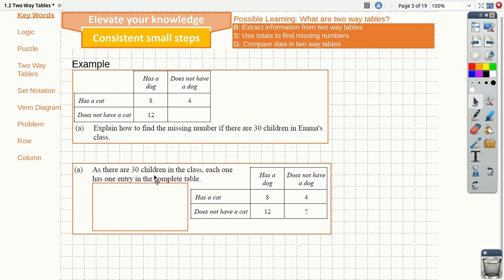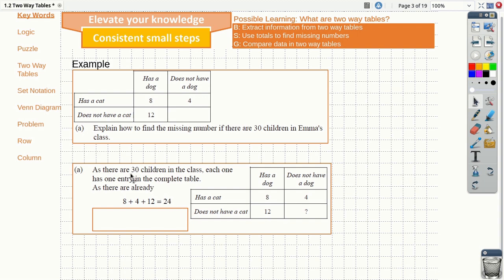So, as there are 30 children in the class, each one has one entry in the complete table. For these boxes here, the 8, 12 and 4, we know how many people are in those boxes already, because the number is telling us how many people that corresponds to. The one that we need to find out is this one in the bottom right. The numbers that we already have, 8, 4 and 12, we can add those together and we find that that's 24.